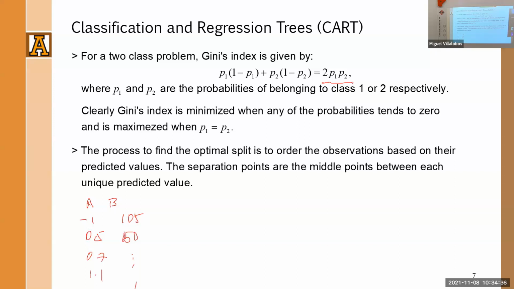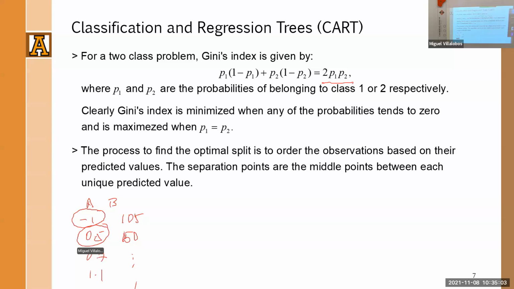For each value of A and for each value of B, I check what's Gini's index if I take a particular value of A. For example, what would be Gini's index if I take A equal to -1 as a splitting point? Then I compute what would be Gini's index if I take A equal to 2.5 as a splitting point, and so on.